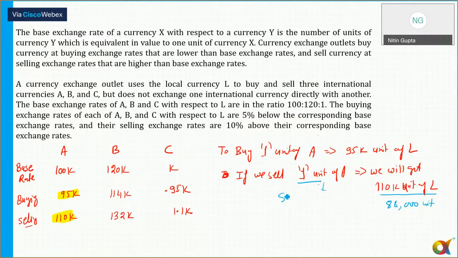That is 88,000 units of L upon 110k. So 88,000 upon 110k comes out to be 800 by k. So the number of units of A is equal to 800 by k.